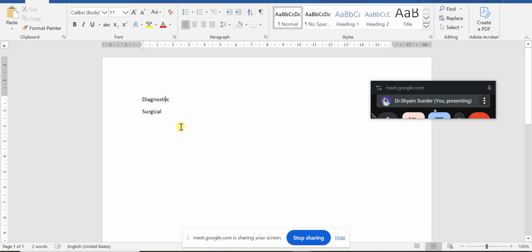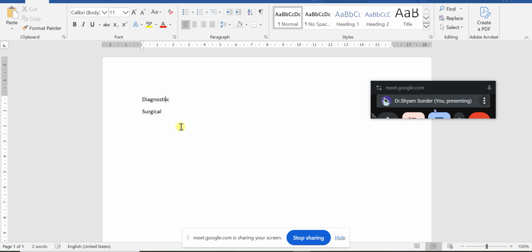We have a separate course for diagnostic arthroscopy and a separate course for surgical arthroscopy. What do you mean by diagnostic? Any idea? Can you guess? Or maybe you know it already. Diagnostic means you just go inside, see what's happening, and come out. You don't do anything. At the max, you do some washing. That's it. That is diagnostic.